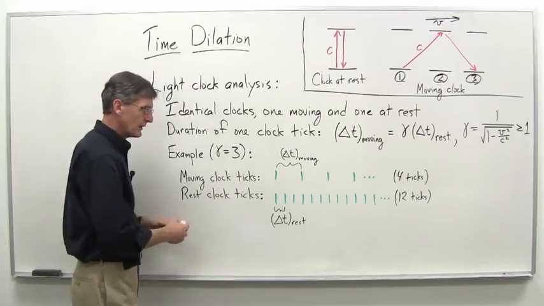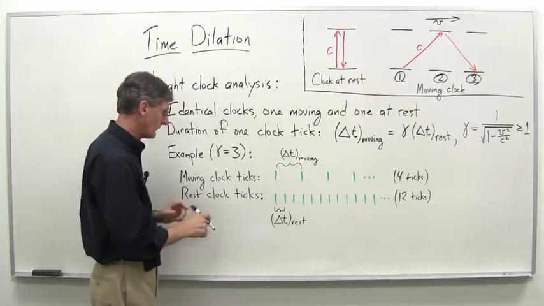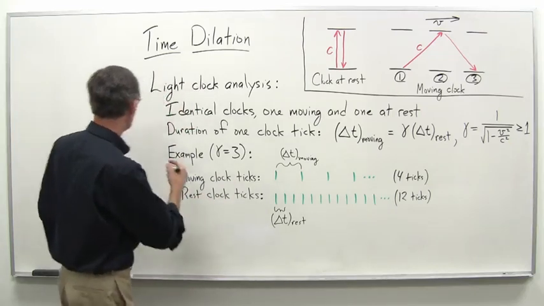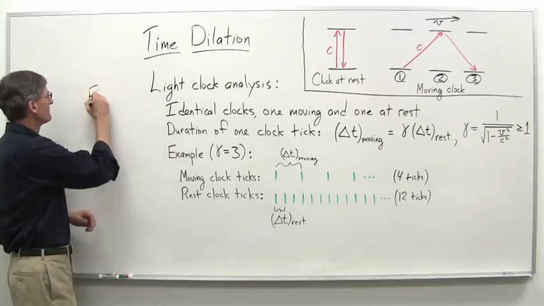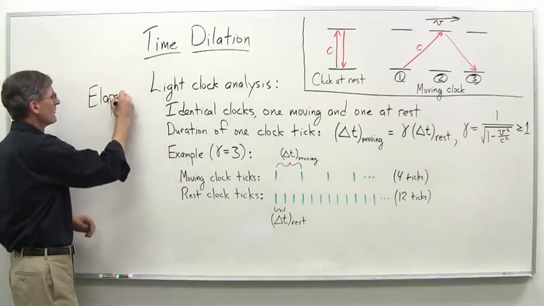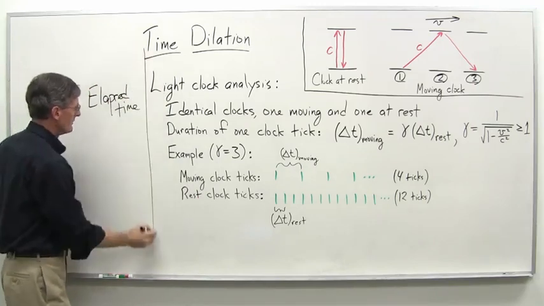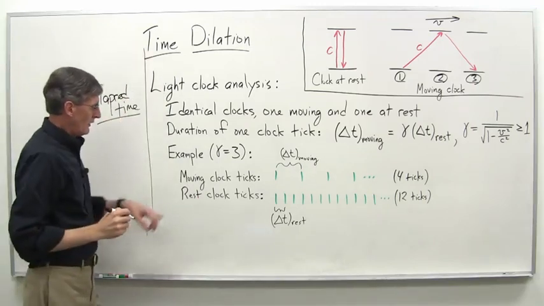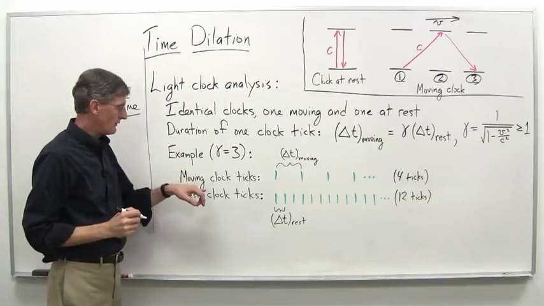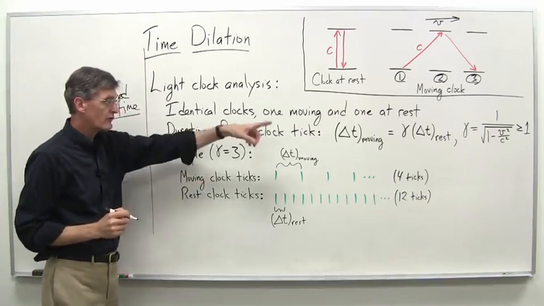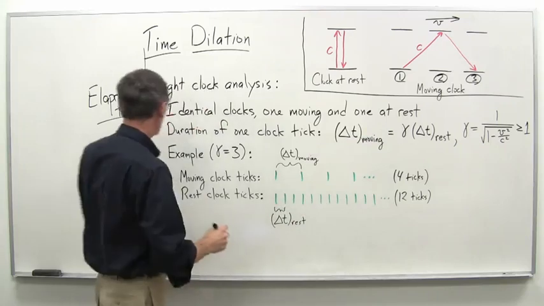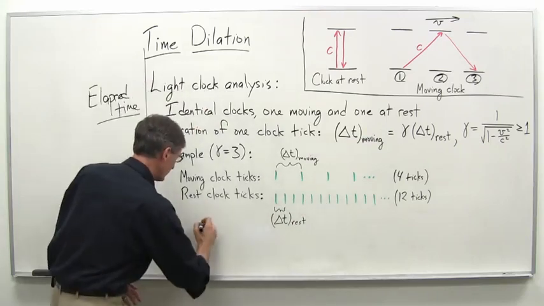But let's think about this a minute. We want an equation for elapsed time. Do it right here. So we'll do elapsed time. The elapsed time on the moving clock versus the elapsed time on the rest clock. In fact, I'll do it down here. I think it'll be a little easier to write it.